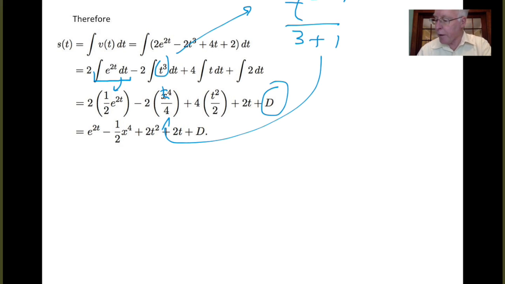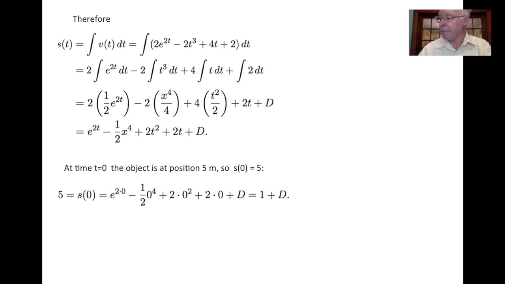And so a result down here for the position function, e to the 2t minus 1/2 t to the 4th plus 2t squared plus 2t plus d. And once again, we know where the object is at time 0. It's at position 5.